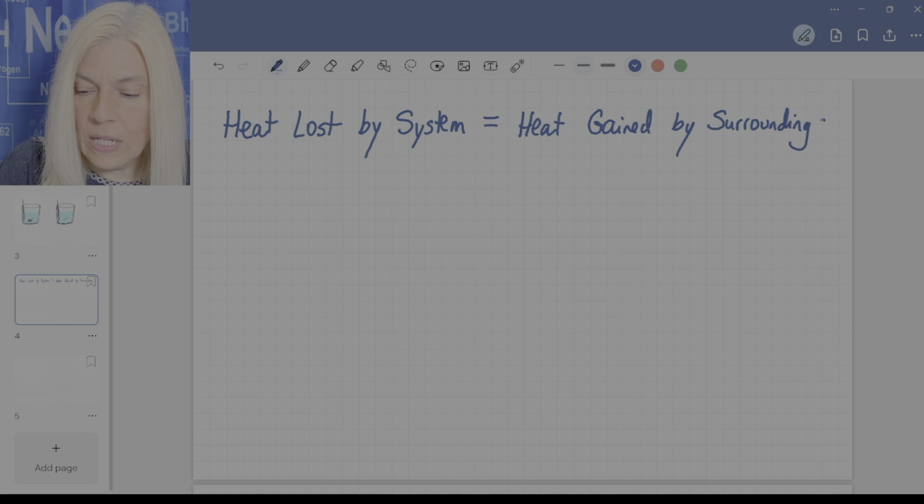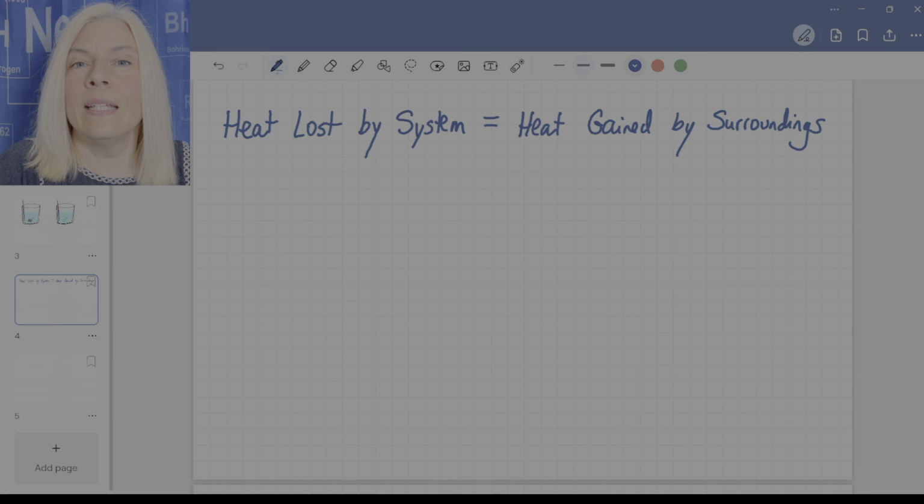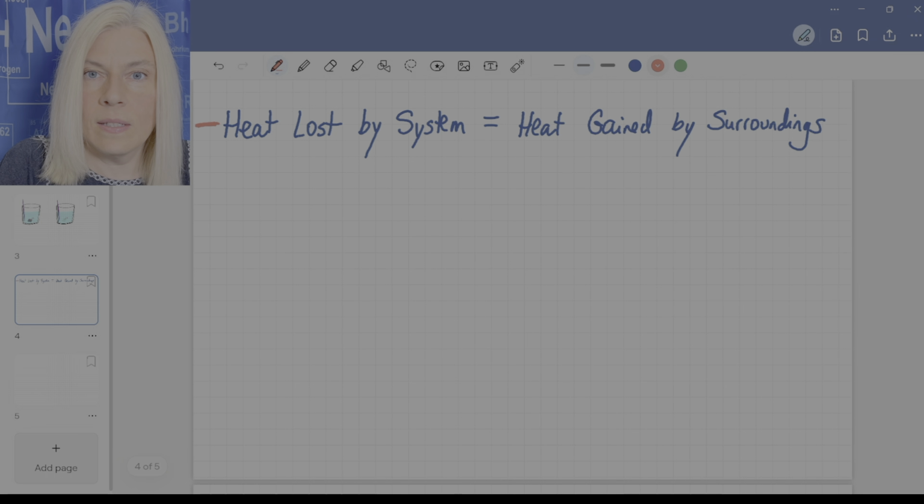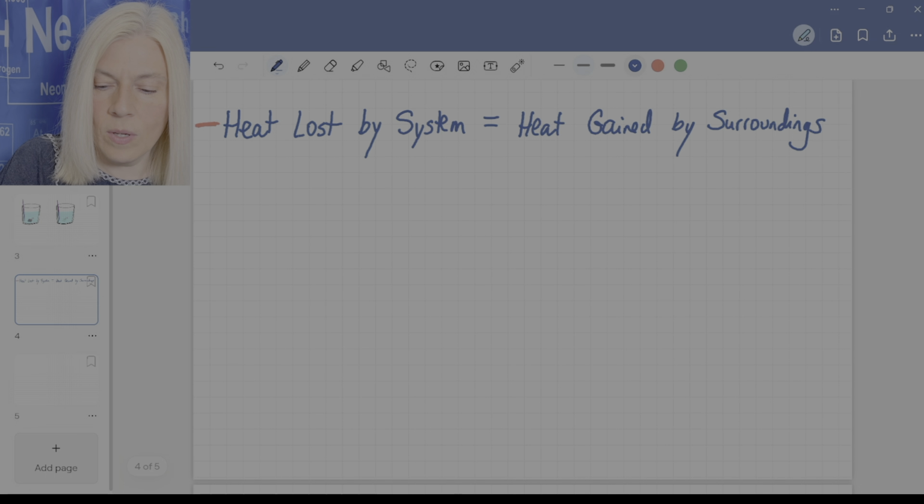And remember, lost and gained are opposites, so I need a big negative sign in front of one of these sides.